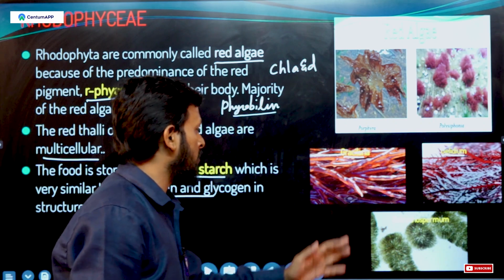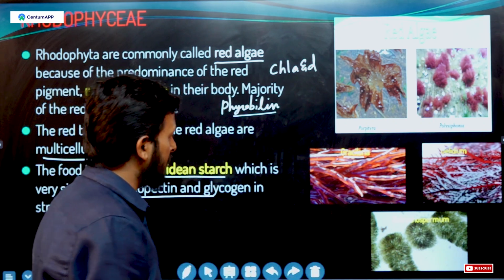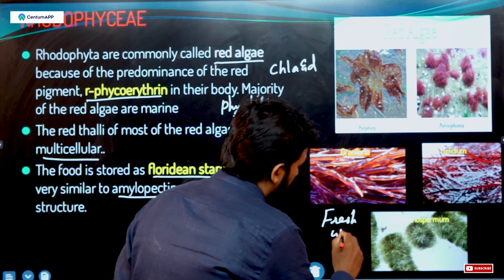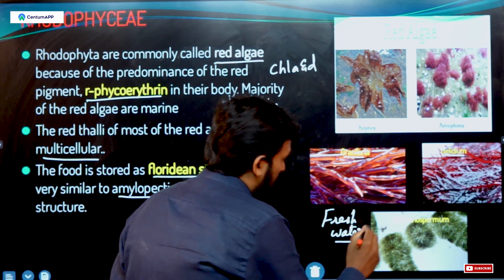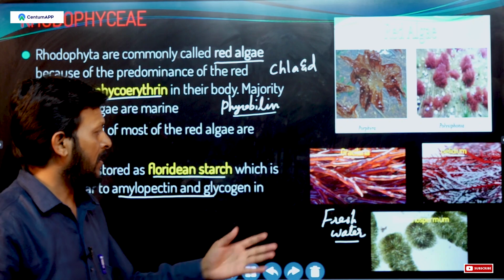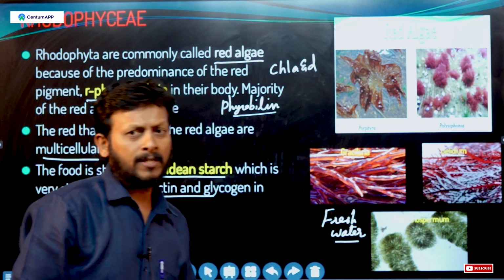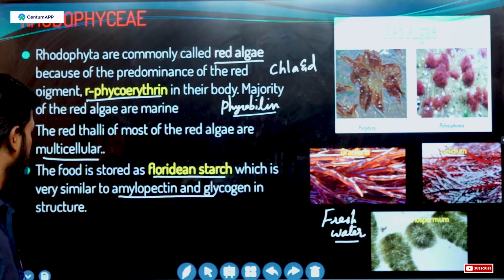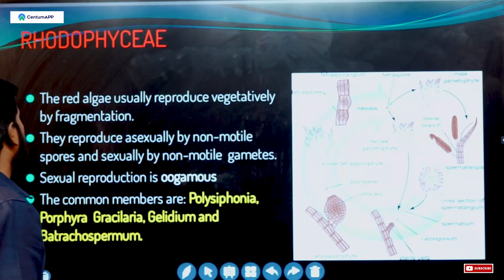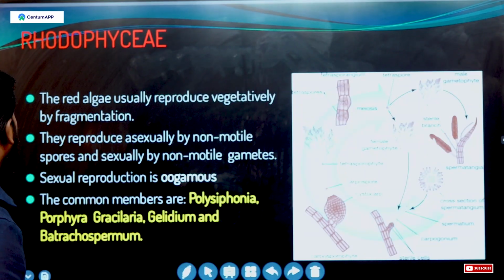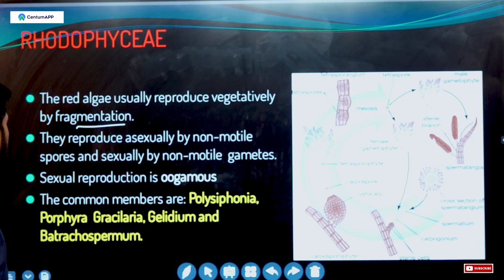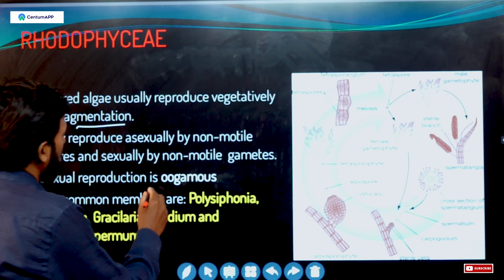Then Batrachospermum. Batrachospermum is one of the freshwater algae. This is an important question: what about the freshwater algae? Batrachospermum, but all other algae have marine habitats. Finally, in reproduction, red algae reproduce vegetatively by fragmentation, and sexual reproduction is oogamous.